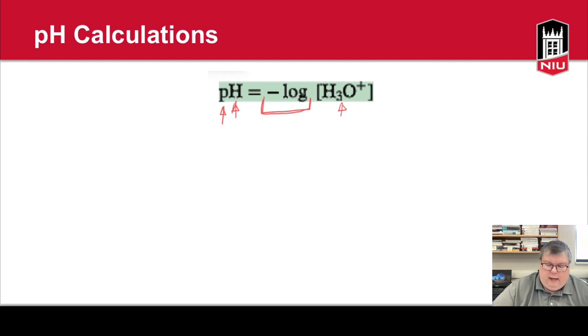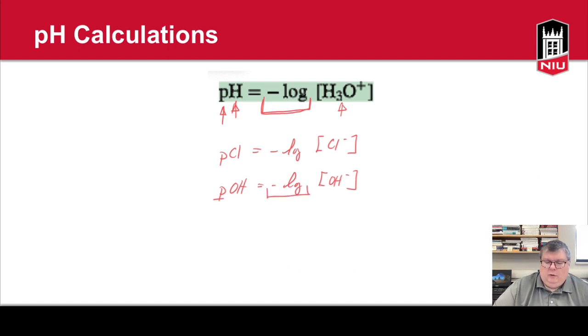So pH is equal to negative log of H3O+ concentration. Something like pCl would equal the negative log of Cl- concentration, or pOH would equal negative log of hydroxide ion concentration. So that P just means negative log of.